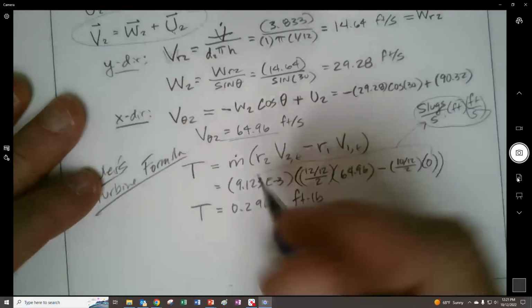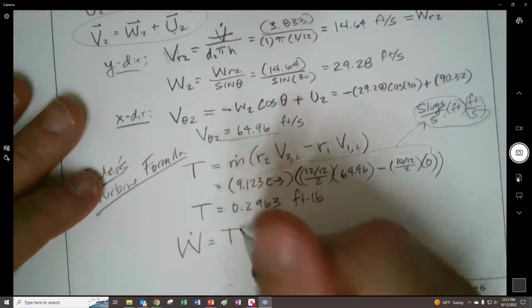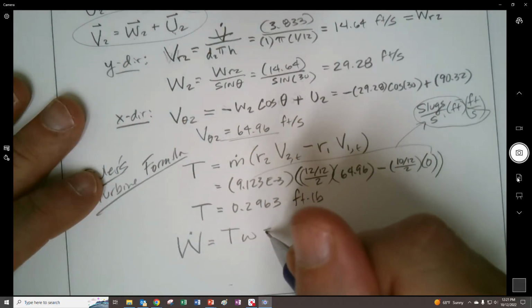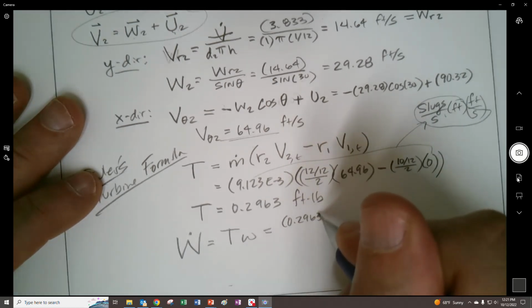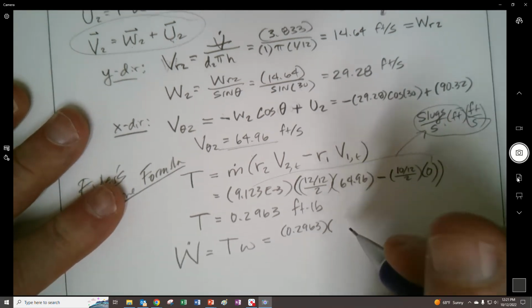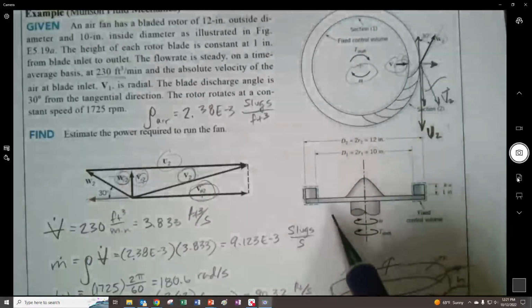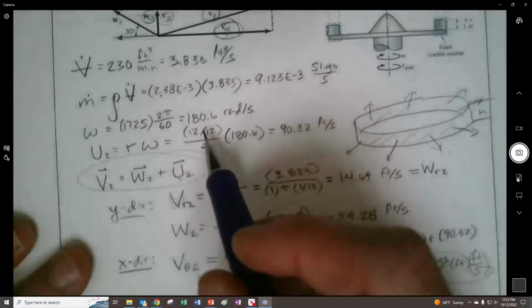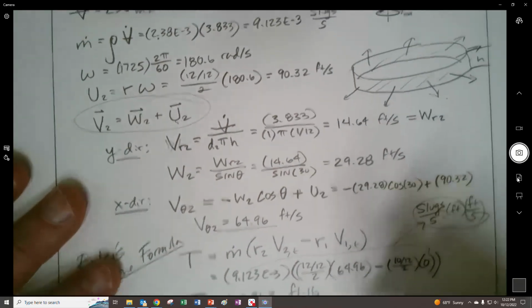And therefore, we can find out what the power is going to be by taking the torque times the angular velocity, or 0.2963 times the radians per second that we found previously, which was up here somewhere. Did we find it? We found it right there, 180.6.